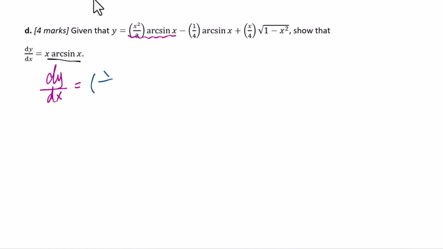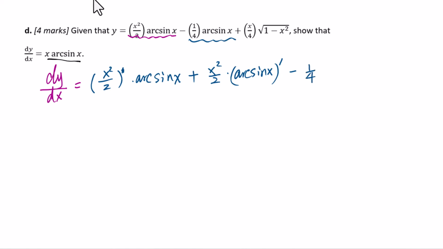So we get (x squared over 2) prime times arc sin x, plus x squared over 2 times (arc sin x) prime, minus the derivative of this, 1 over 4.